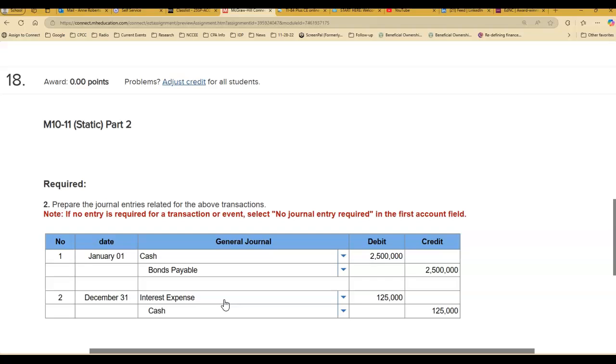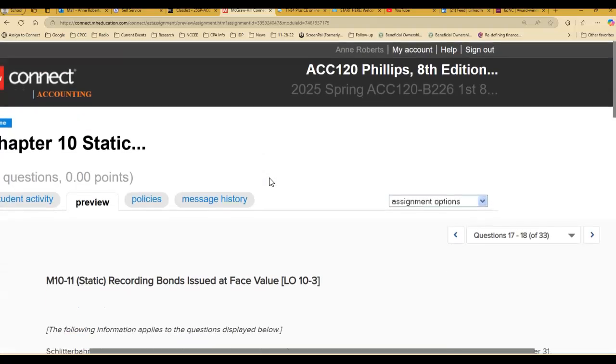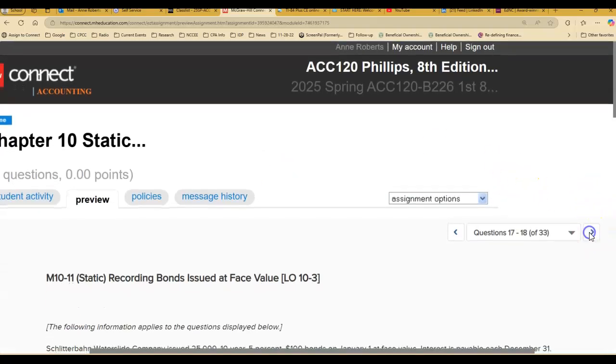Nail that down first. That's the actual cash payment. Then we're going to have some amount of interest expense, and then we're going to allocate some portion of the discount or the premium, okay? All right, so there's a nice and easy one.